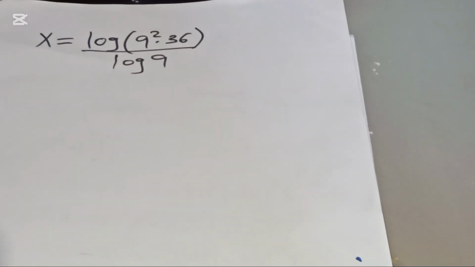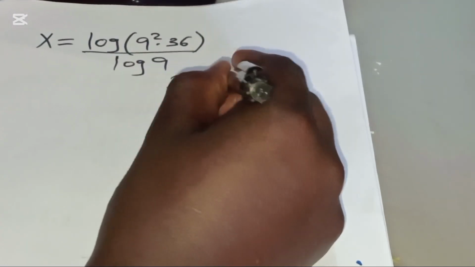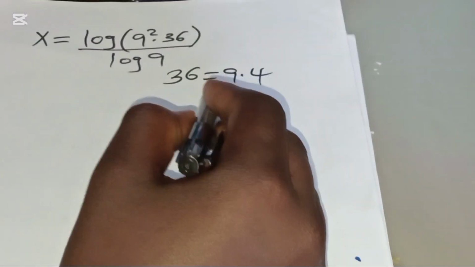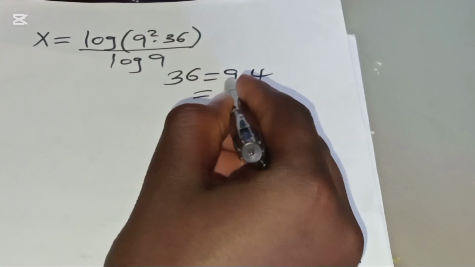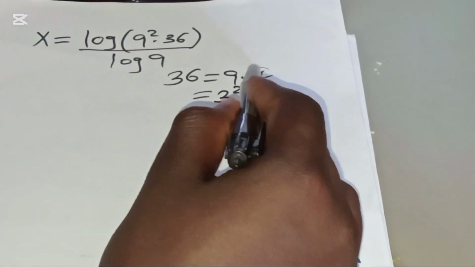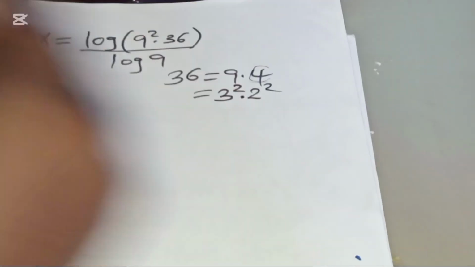Okay, so from what we have here, we can express 36 as 9 multiplied by 4. Also, 9 can be expressed as 3 to power 2, and 4 can be expressed as 2 to power 2.